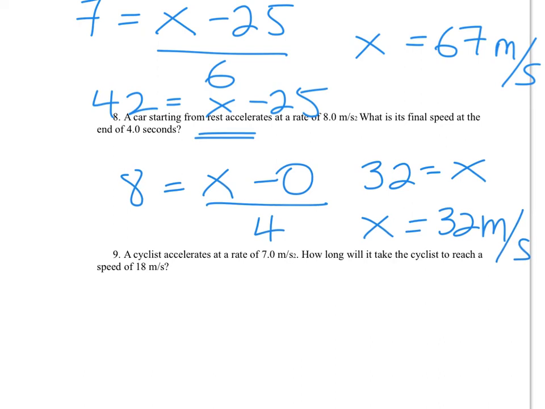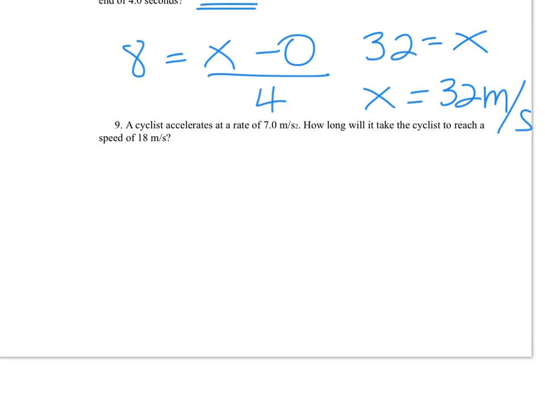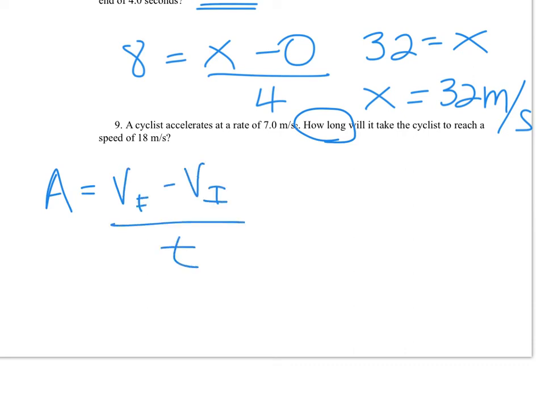Number 9. A cyclist accelerates at a rate of 7 meters per second squared. How long does it take the cyclist to reach a speed of 18? Now we're looking for time. So same thing, we use our formula, divided by time. We plug in the values that we have. We have acceleration, it's 7. Our final speed is 18.